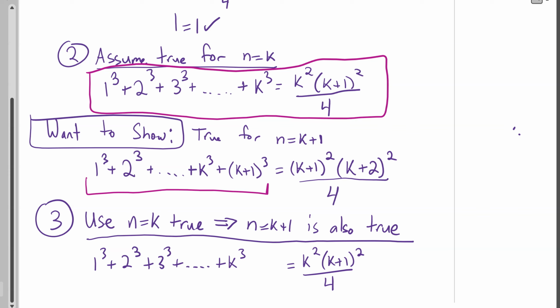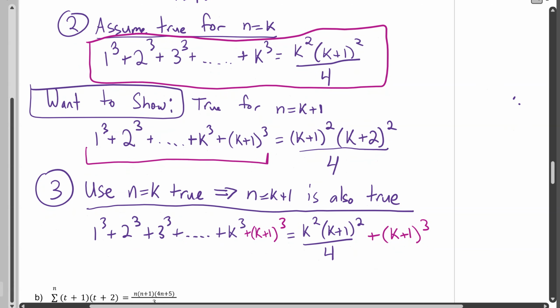So if I choose to add k plus 1 cubed to the left-hand side, I also need to do that to the right-hand side, right? If I add something to one side of the equal sign, to maintain equality, I need to add that same quantity to the other side.